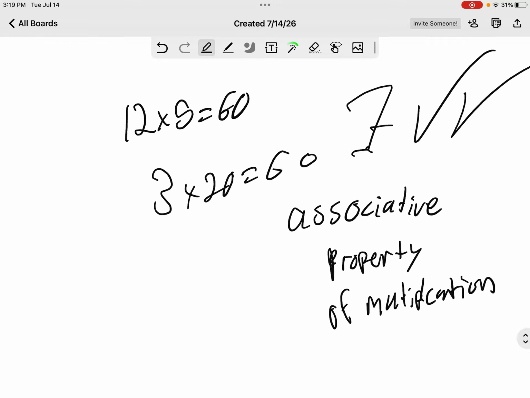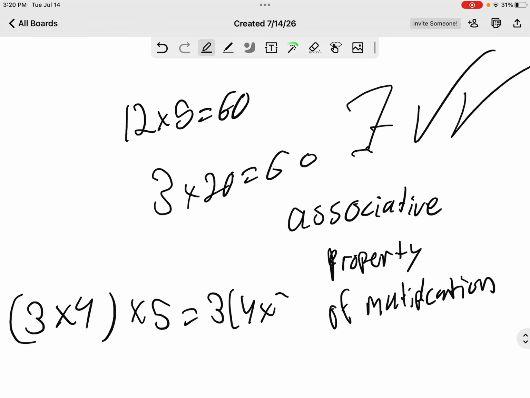Let me explain what I meant. See, the parentheses popped in. It's the same thing as writing 3 times 4 times 5, and this counts as multiplication. So that means (A times B) times C is equal to A times (B times C).